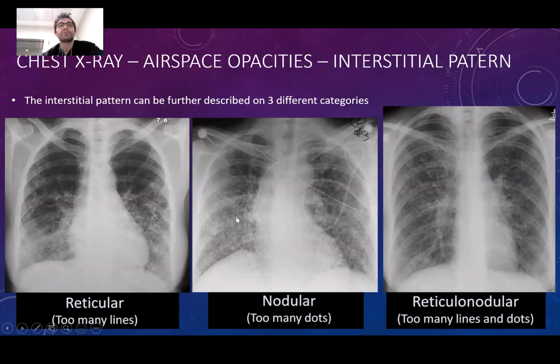When there are too many dots, we are talking about nodular densities. When we are seeing both together, we call them reticulonodular densities. These are different from pulmonary nodules because pulmonary nodules are less in number, of course. They are not like hundreds altogether, and they are much bigger. These nodules are much smaller, as you have seen.